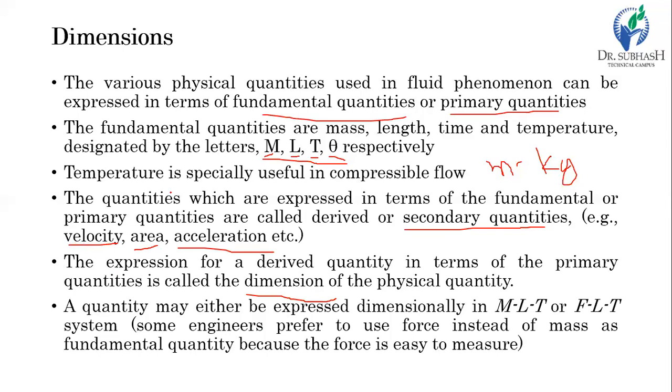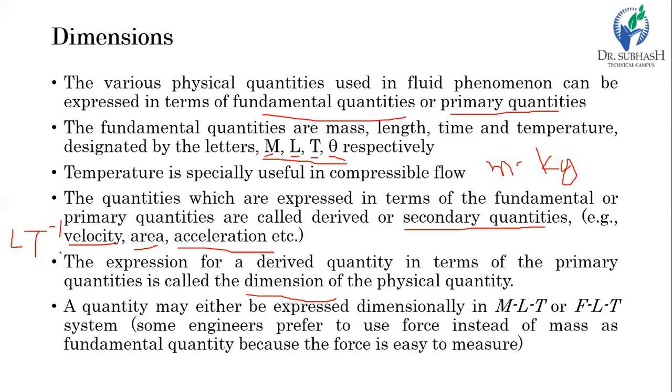If we derive this velocity unit into the MLT form, then it has a length unit, L to the 1, no need to write 1, and 1 unit of T, but T is in the denominator, so we have to take -1.